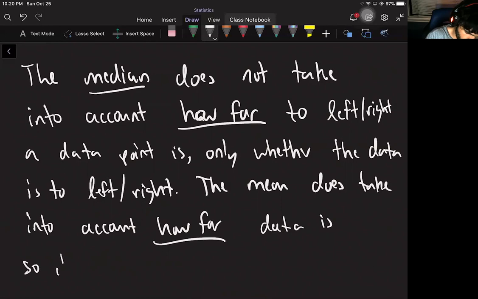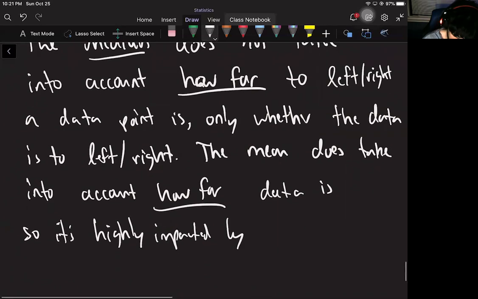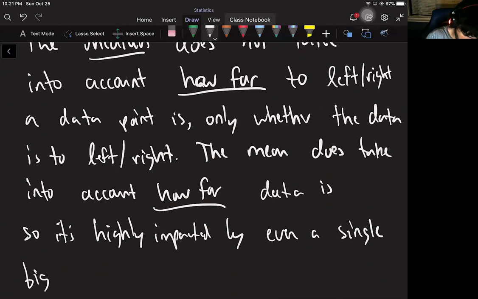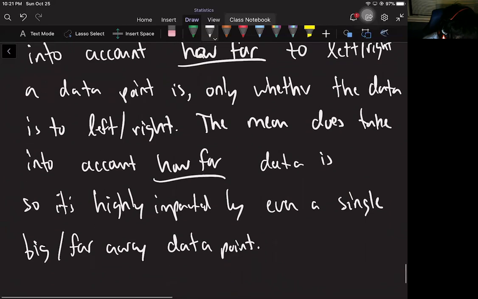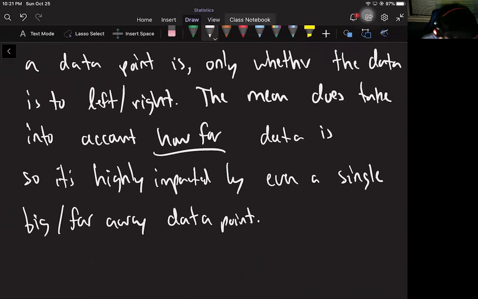So, of course, it's going to be highly impacted by faraway things, by even a single big or far away data point. Meanwhile, the data point being big or far away won't change the median at all.